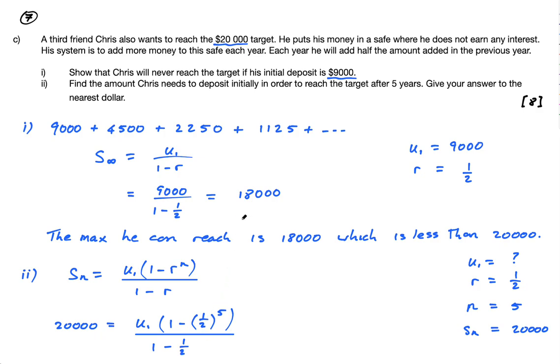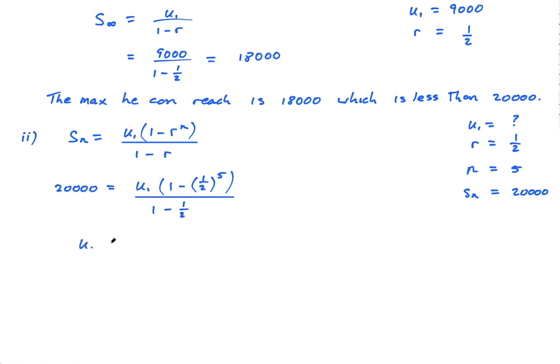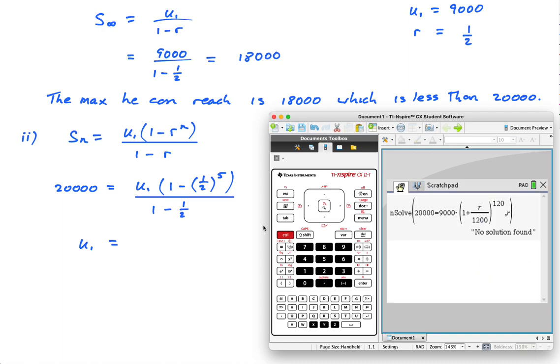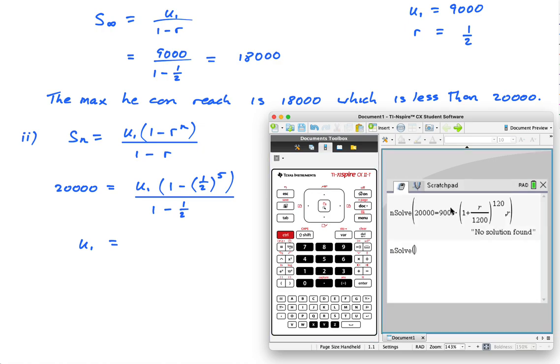Now we should be able to just use nsolve to find U1. I can't see why this wouldn't work, because we're not dealing with the variable in the exponent or as the base of the exponent or anything like that. So hopefully this works. Menu, algebra, numerical solve, 20,000 equals, call it whatever you want, guys. Let's go with u.